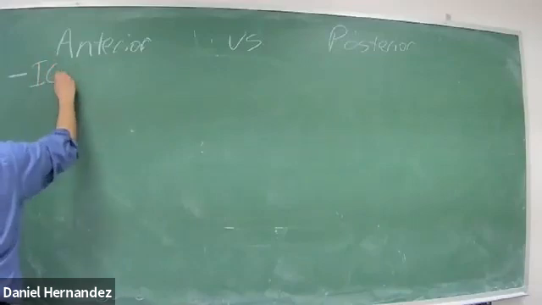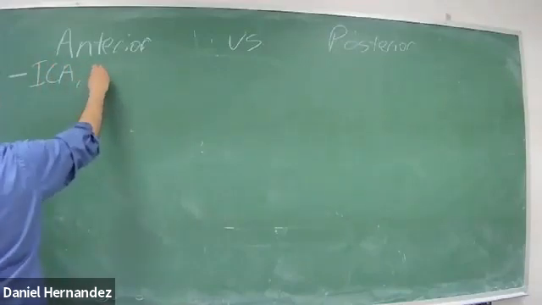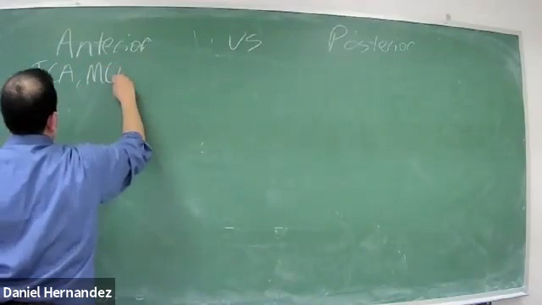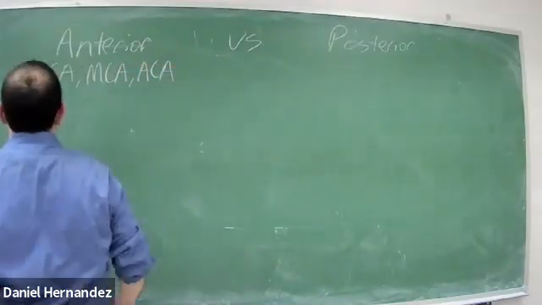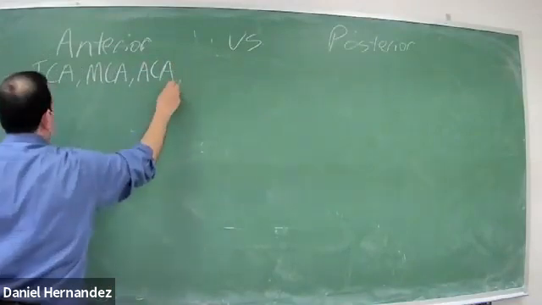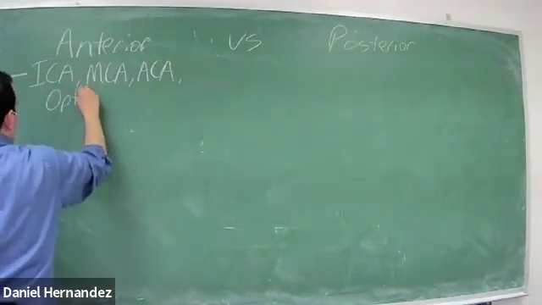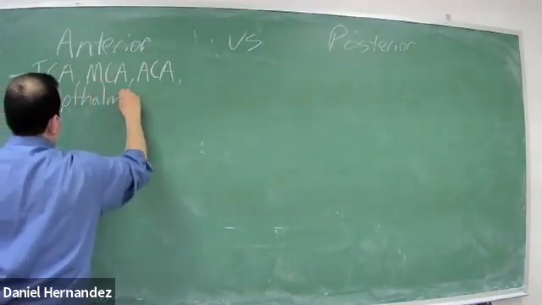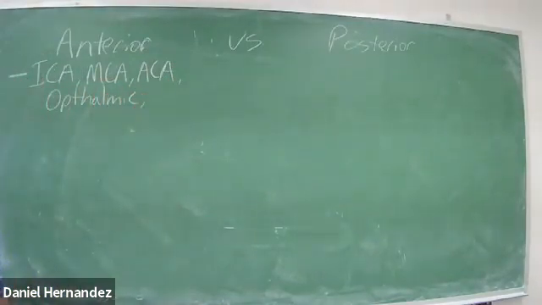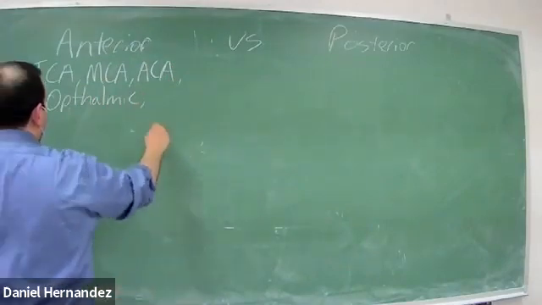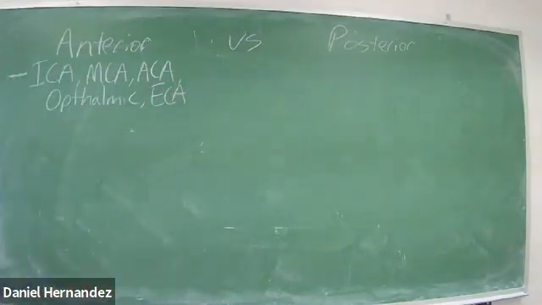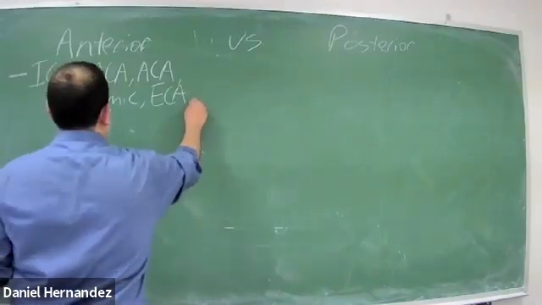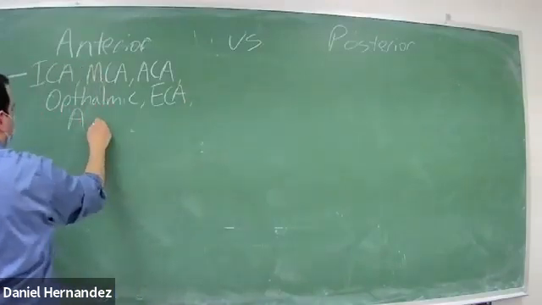That's going to be our ICA, our middle cerebral artery, MCA, anterior cerebral artery. We'll put on ophthalmic. And as a collateral channel, we can also add ECA, and anterior communicating artery.